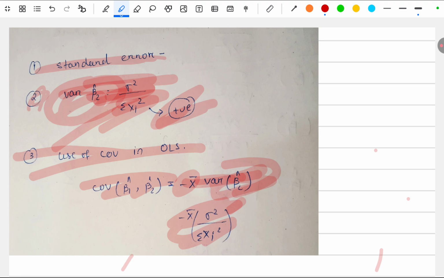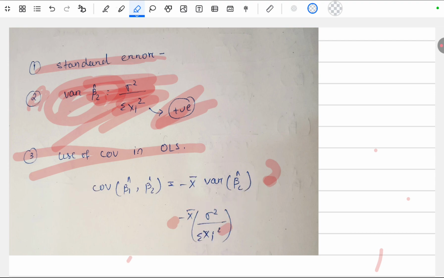But the nature of the covariance between beta 1 hat and beta 2 hat depends upon x bar.